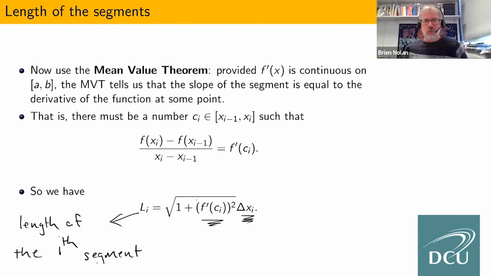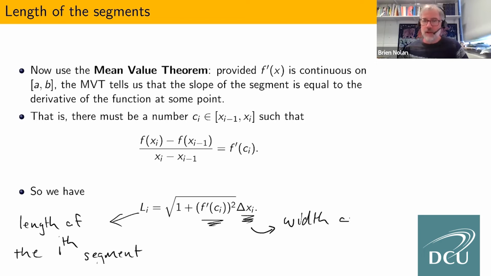Well, this square root of 1 plus the square of the derivative. Not the handiest formula, but you know, it's mathematics. It's unavoidable. That's what the formula is. So the length of the ith interval is the square root of 1 plus the square of the derivative of f at some point in between, times delta xi, the width of the subinterval.